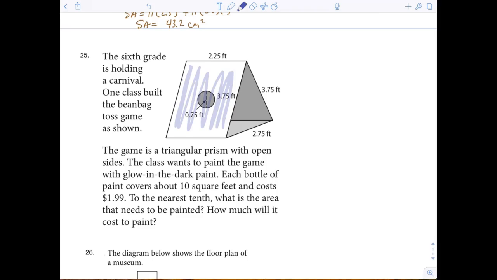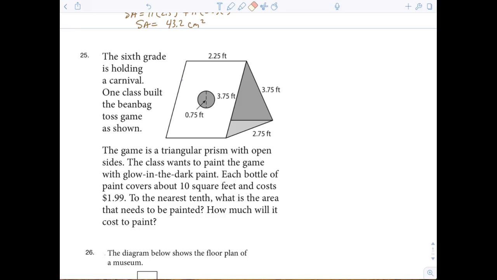But technically, would you really even have to paint the back wall? Does everybody mind if we just paint the front wall? There's no reason to paint the floor. There's no reason to paint the back wall because there's only a hole in the middle that you're trying to throw it through. Does everybody agree with that? So we're going to figure out how much paint we have to buy, and how much it's going to cost me.